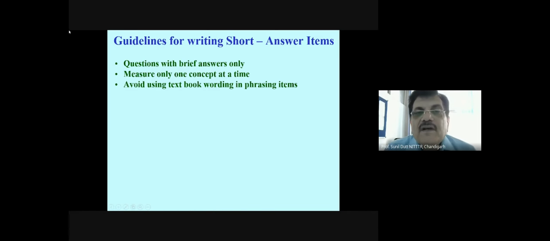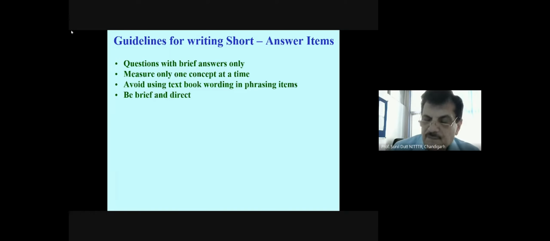Avoid using textbook wording in phrasing an item. For example, if I say state Newton's third law of motion, this is textbook wording. Instead, you can ask its application. Be brief and direct. Our purpose is not to confuse the student. Our purpose is to enable him to elicit some answer. So you have to be very brief and direct.